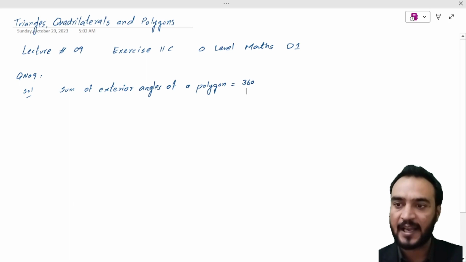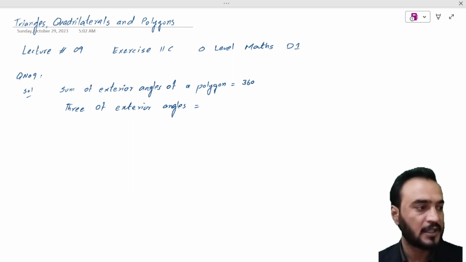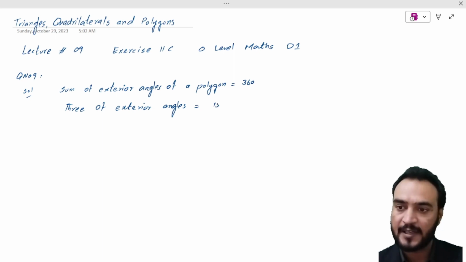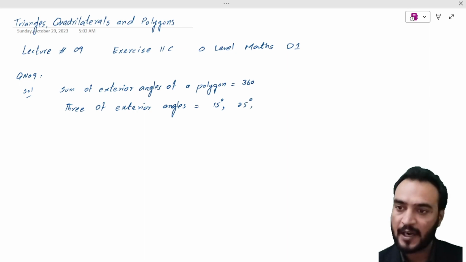The sum of exterior angles of a polygon is 360 degrees, and three of the exterior angles are given in the question. These angles are 15 degrees, 25 degrees, and 70 degrees.